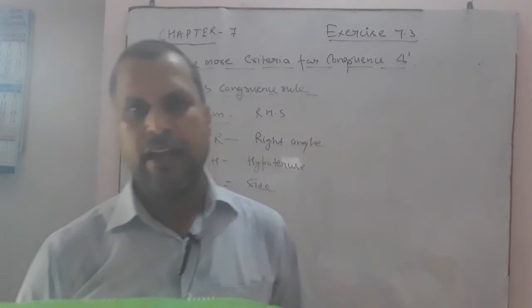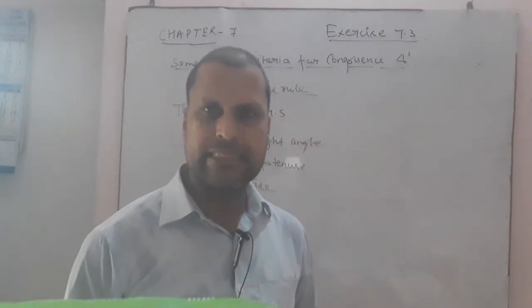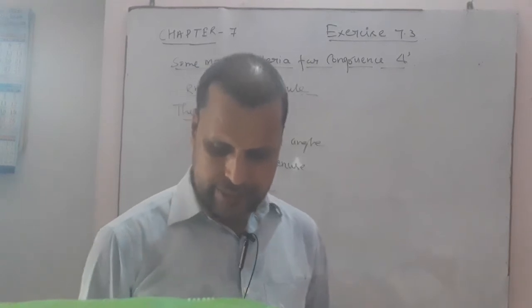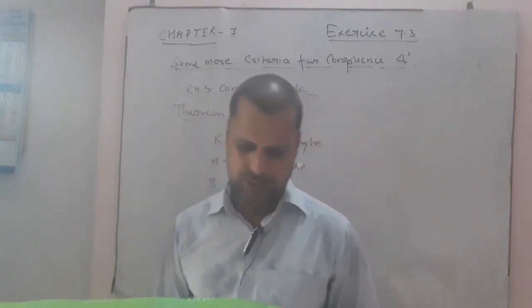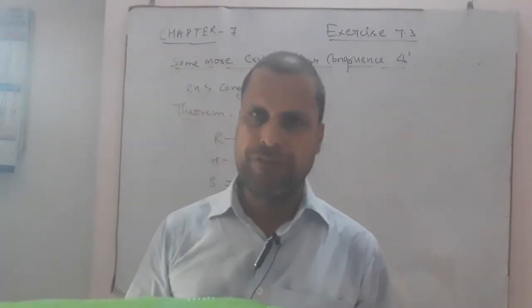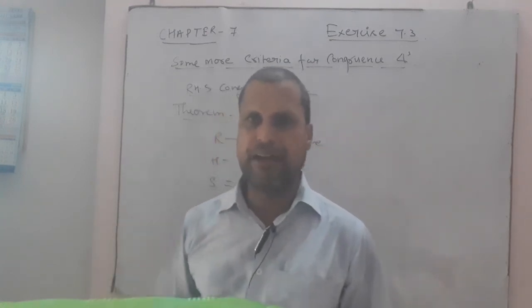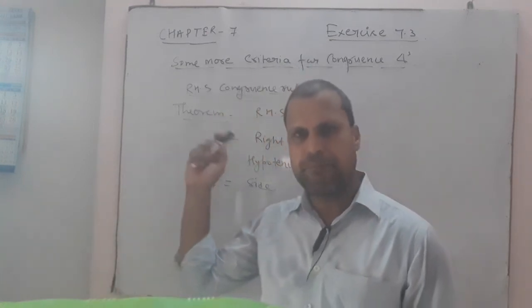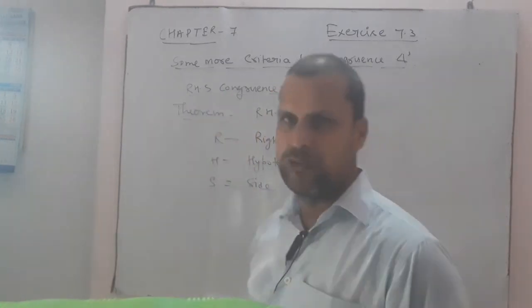Dear student, on the basis of these two concepts, we can solve exercise 7.3. So first of all, you have to try to prove and learn the concept of this theorem, that is the triple S congruence rule and RHS congruence rule.